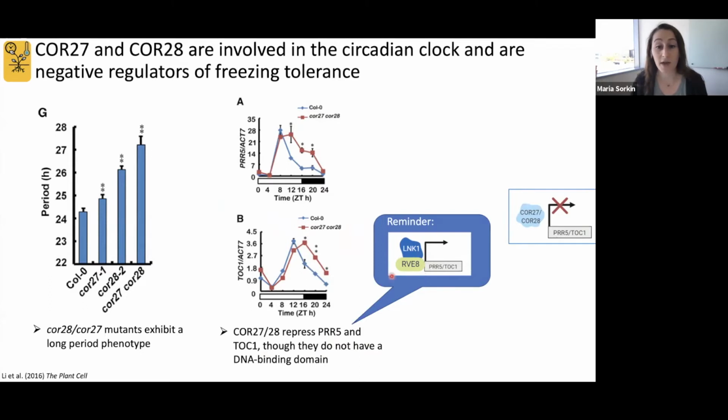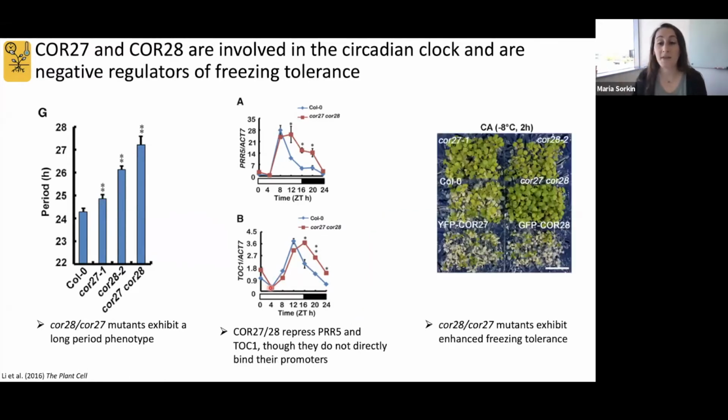Just a note that the LNK-Rev complex is activating more towards the midday and morning. They also demonstrated that the COR mutants exhibit enhanced freezing tolerance. So these overexpression lines here at the bottom perform worse than the wild type here, while the mutants perform a little better in these freezing assays.